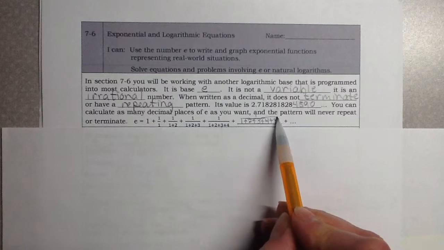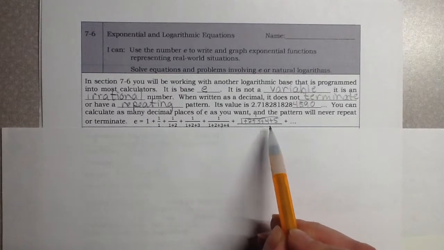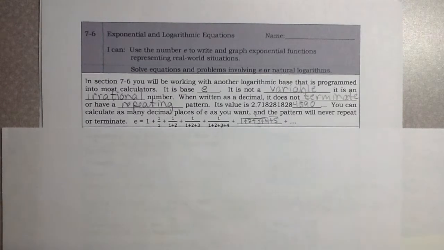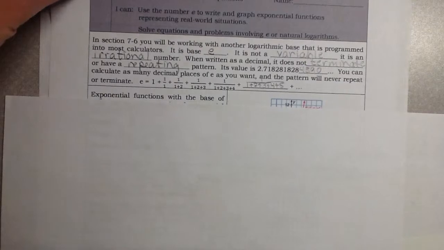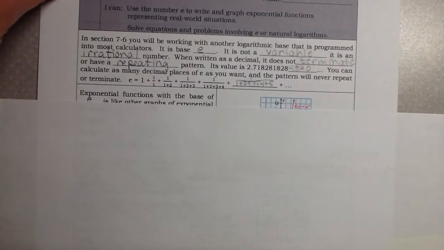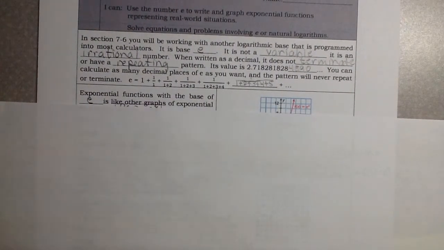The next one would be 1 over 1 plus 2 plus 3 plus 4 plus 5 plus 6. This is used a lot in the banking industry, and we'll have an example of that in just a couple of minutes. So exponential functions with the base of e are like other graphs of exponential functions.